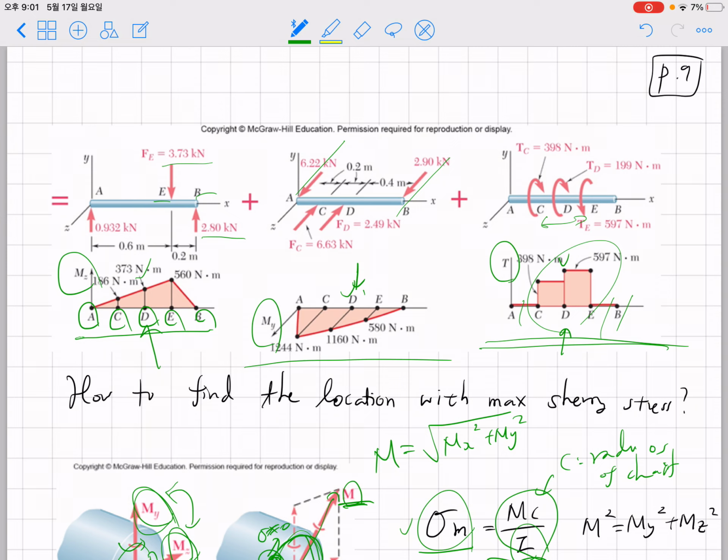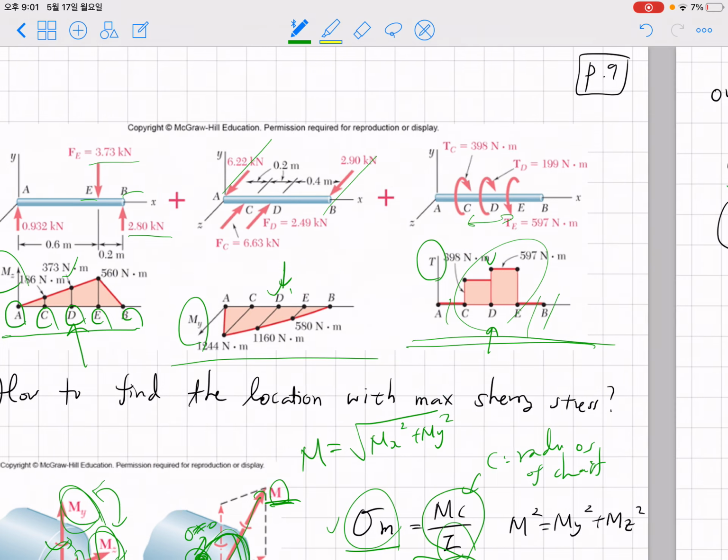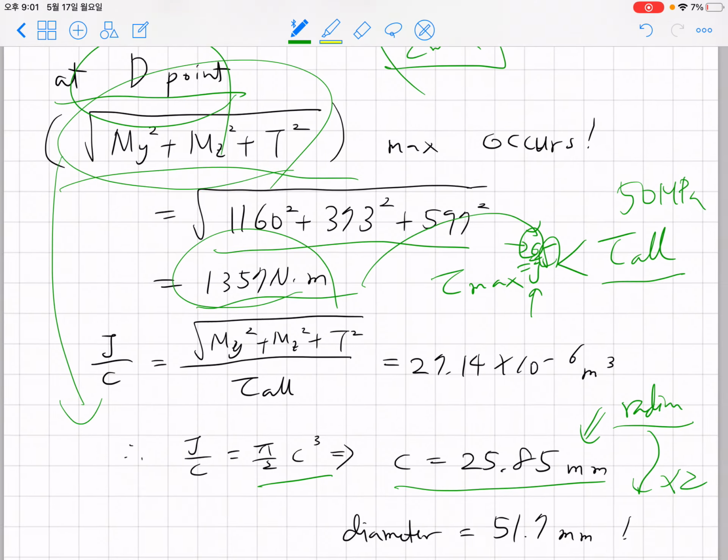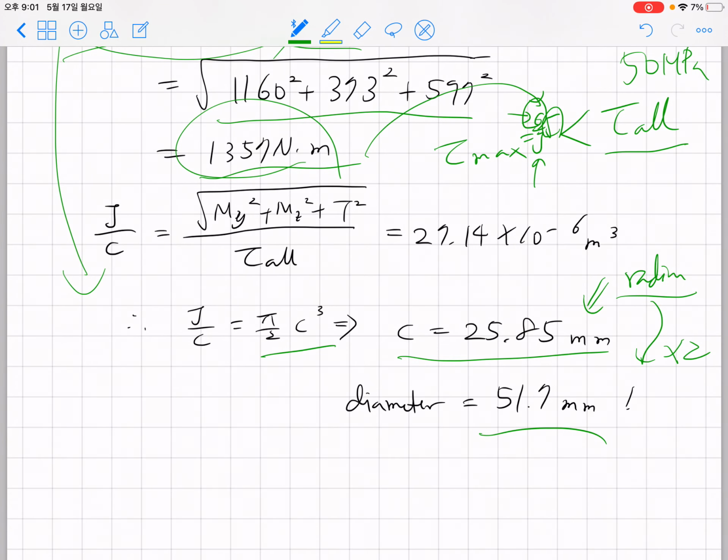And after combining all those things in a very nice geometrical sense without any mistake, you have to locate where the maximum shearing stress or principal stress occurs. And after identifying this, you have to do accurate calculation without mistake to obtain the final answers.